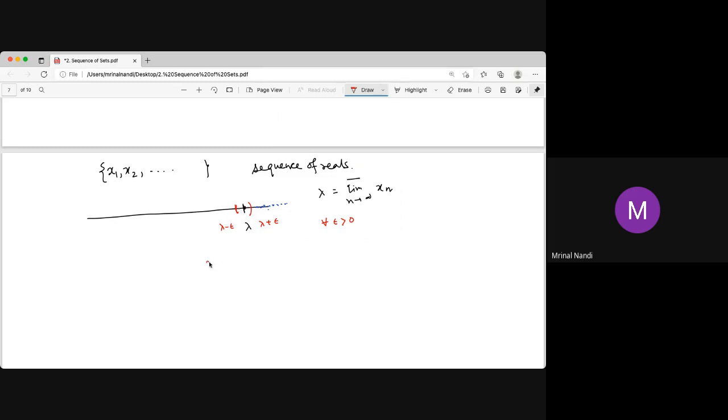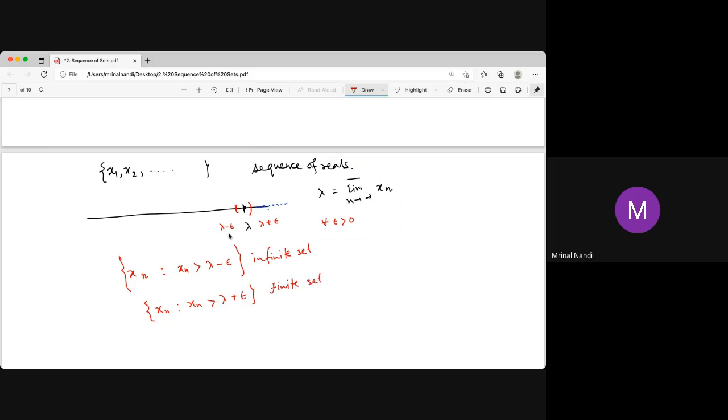So what is the meaning of that? That means there are infinitely many elements which are greater than this. So the set of all xn such that xn is greater than lambda minus epsilon is an infinite set. And the set of xn such that xn is greater than lambda plus epsilon, for all epsilon positive, is a finite set.